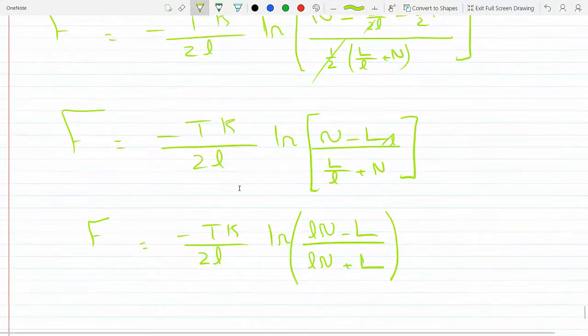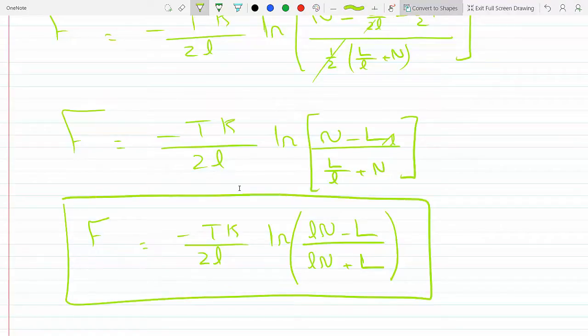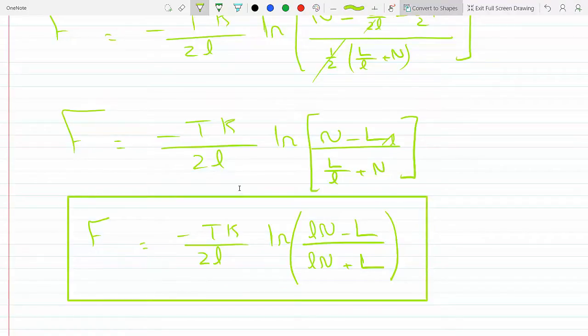Okay, good. So this here is my F, my force as a function of L, N, and capital L.